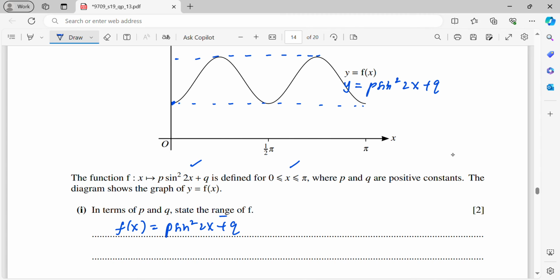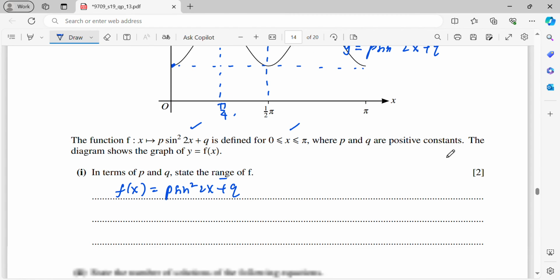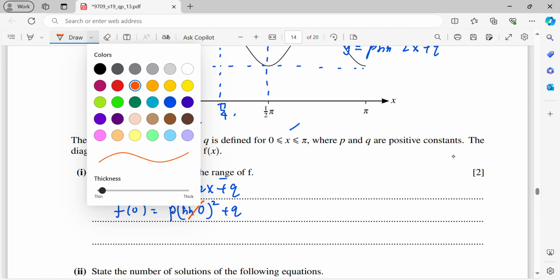And then I know that here is half π. That means this is half of half π, which is 1/4 π. Okay, so now I calculate f(0). That is p sin 0 squared plus q. So sin 0 is 0. Therefore, this is q.